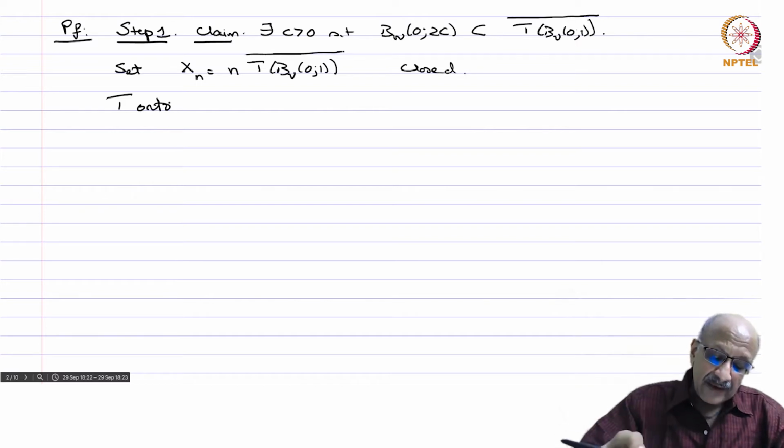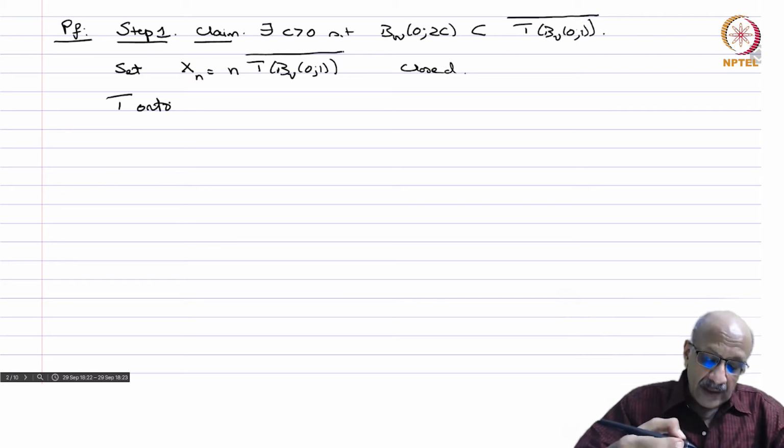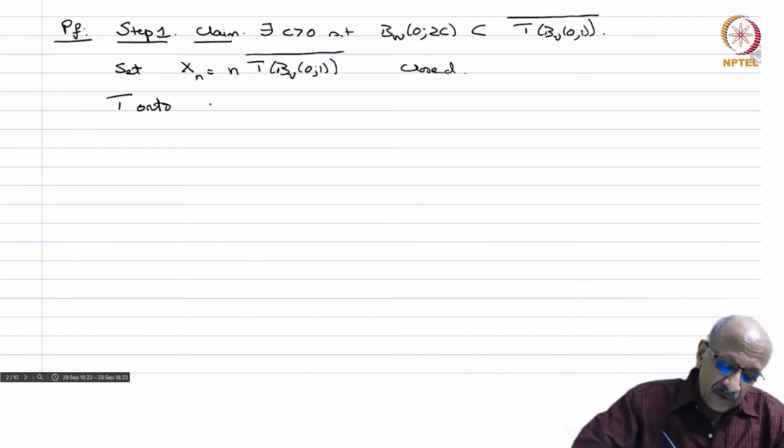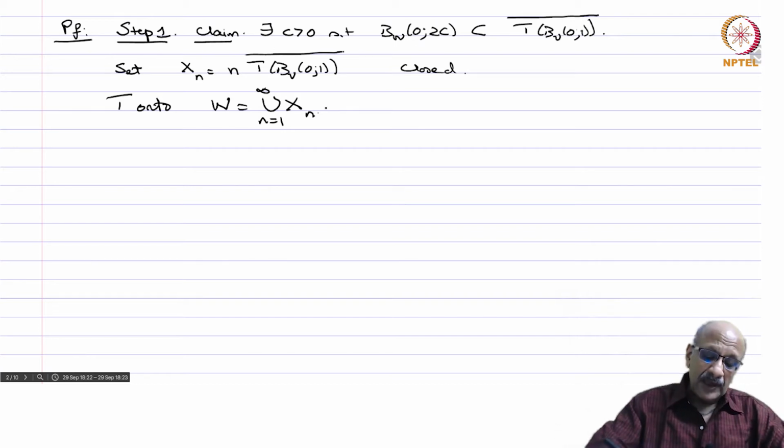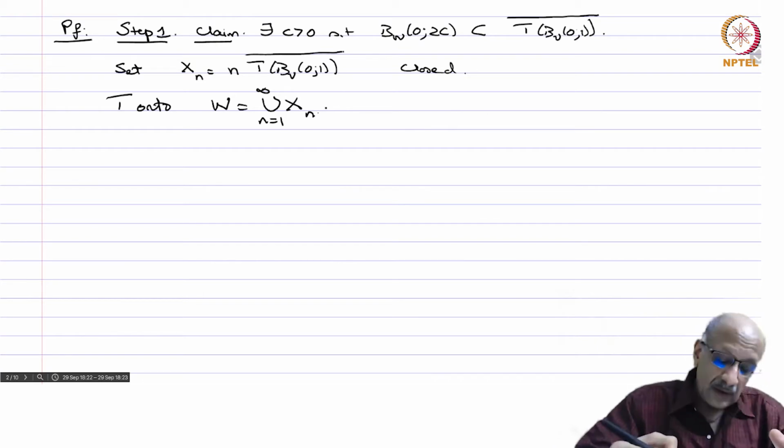So every element in W is an image of something in V, and you can scale it, and therefore you can show that in fact W equals the union n equals 1 to infinity of X_n. So every y will be n times some element of T(B_V(0,1)), and therefore y will be in n times the closure of T(B_V(0,1)). Okay, so this is entirely because of the ontoness of this map.